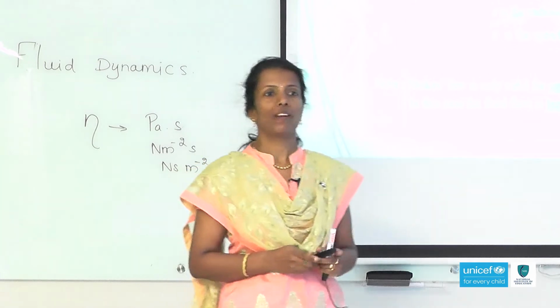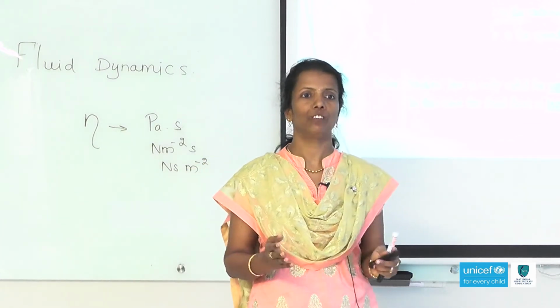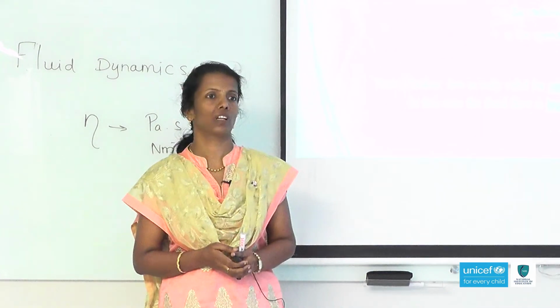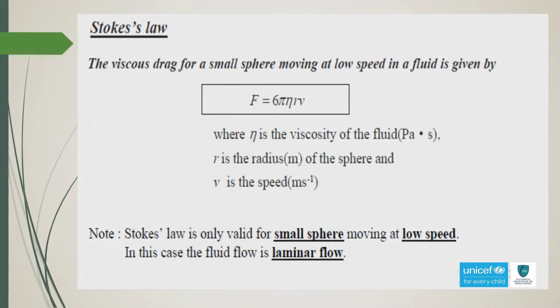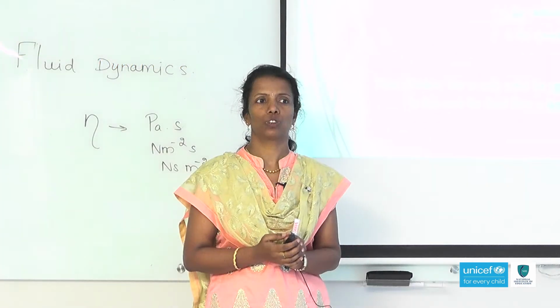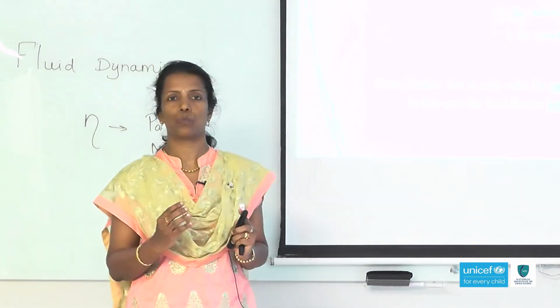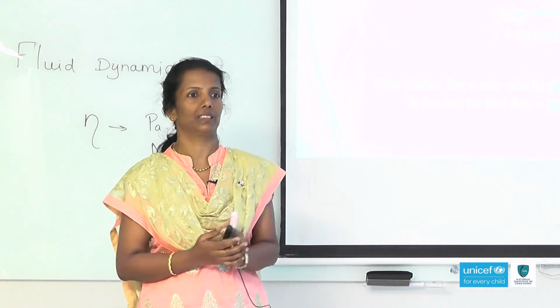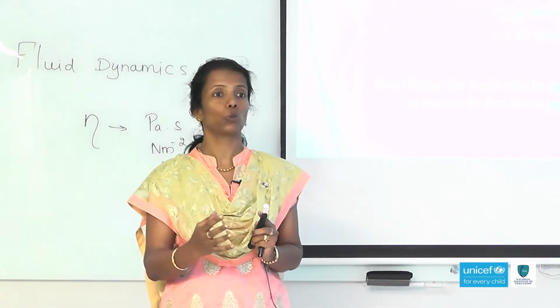This particular coefficient of viscosity is defined with the help of the Stokes' law statement. What exactly is the Stokes' law? The Stokes' law is mainly targeting small spherical objects. So it gives the clear-cut idea about the viscous drag experienced by small spherical objects when they descend through a fluid.